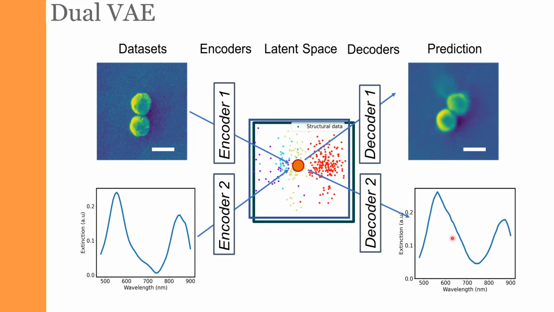So the trick here, which is actually exceptionally important, is that the structural encoder allows for the rotational invariance. In other words, you can see that this particle and this particle, they look similar, but they're rotated. So without encoding the rotational invariance, we would never be able to train this network.